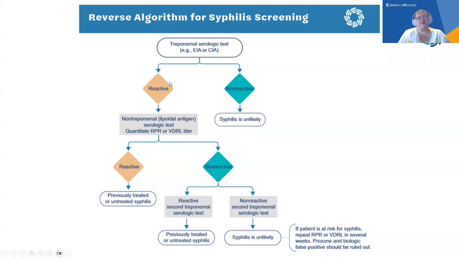But if you have one that's reactive and then you get non-reactive, it's almost like mama's saying yes and daddy's saying no. Then what does the 2-year-old do? They go to grandma. So what does grandma say? You're going to do another second treponemal test, and that's going to break the tie. Either you're going to get a reactive second treponemal or a non-reactive second treponemal.